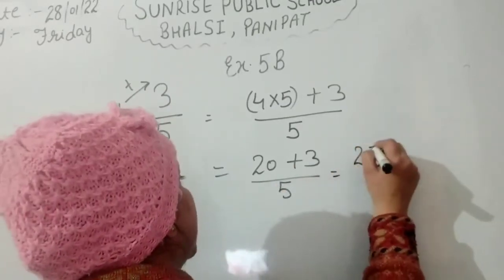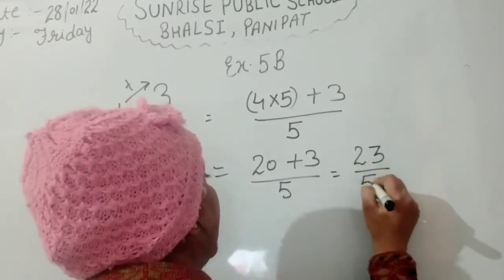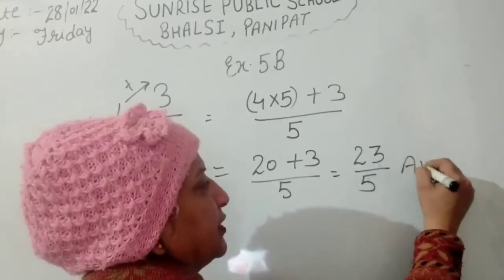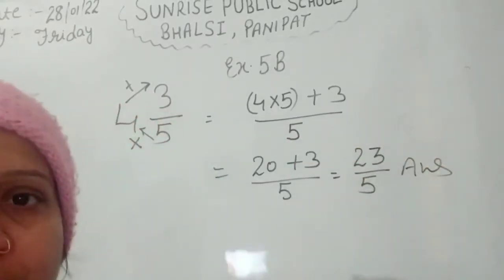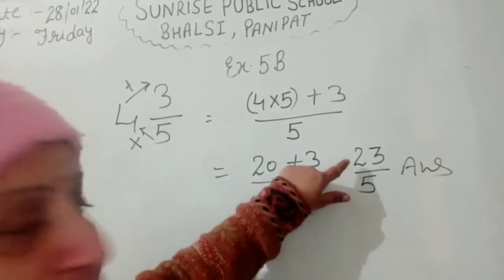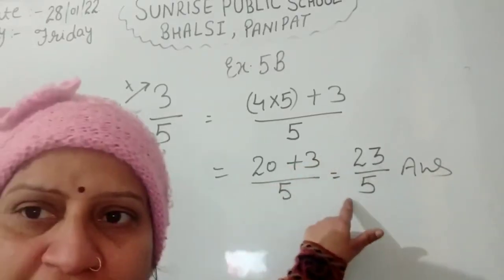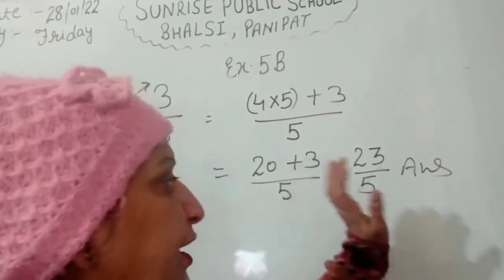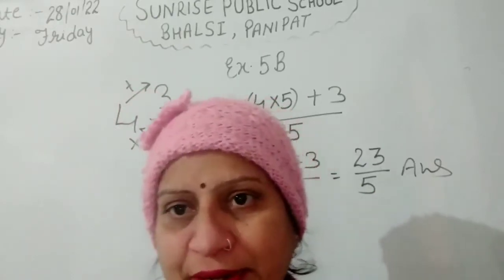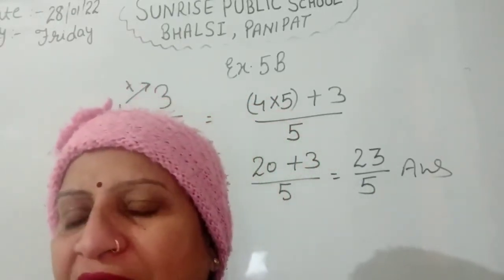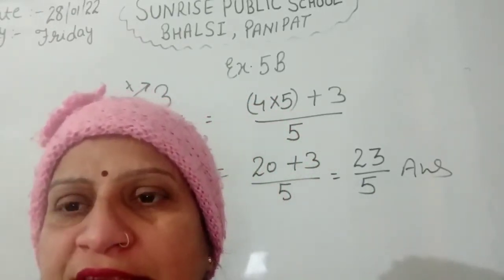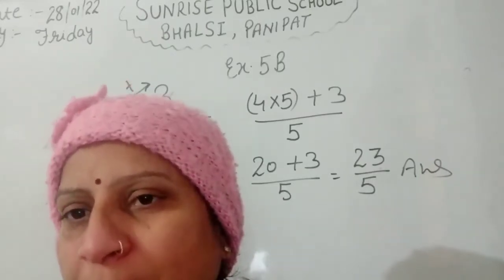After adding this, we get 23 by 5. This is your answer. Now here you see that 23 is greater than 5. It means that it is an improper fraction, because in an improper fraction the numerator is greater than the denominator.